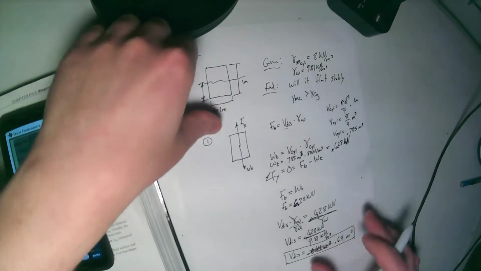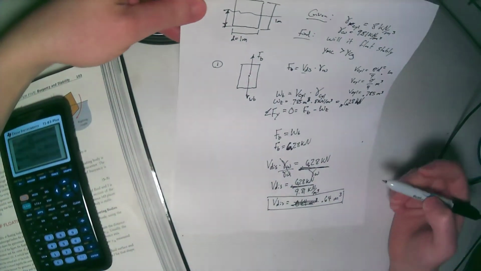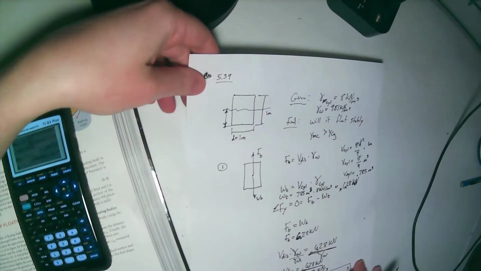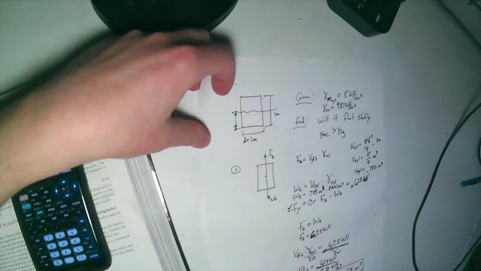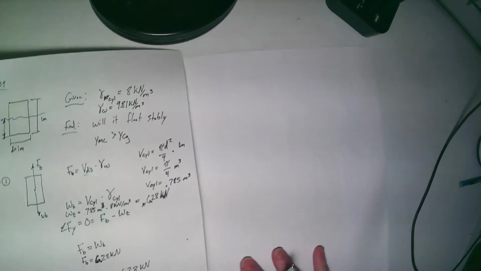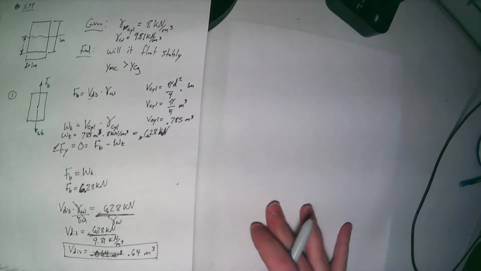So now that we know our volume displaced, we can calculate how deep in the water we are. In order to do that, I'm going to grab another sheet of paper. Try to keep these in view.